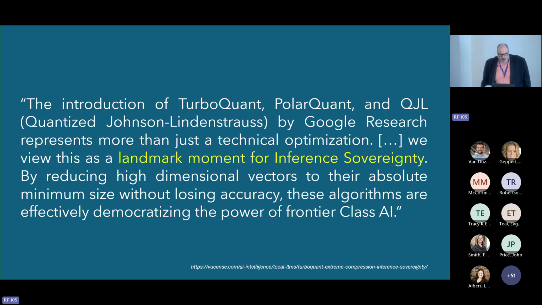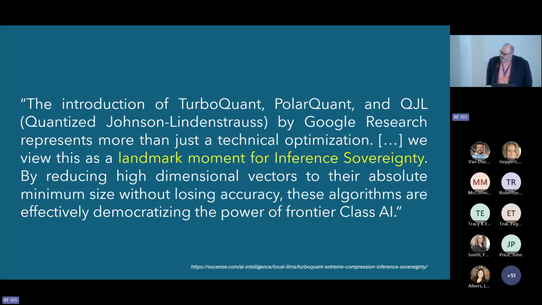And there's a movement called, I'm not advocating for this or against it, inference sovereignty, which is just the notion of being able to leverage these very powerful tools independently without oversight or monitoring by Big Brother Google. And so this is super important, that we're figuring out ways to reduce the size, reduce the technical demands of these models so that they're more approachable.